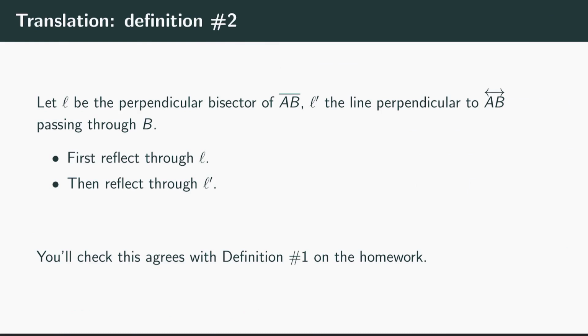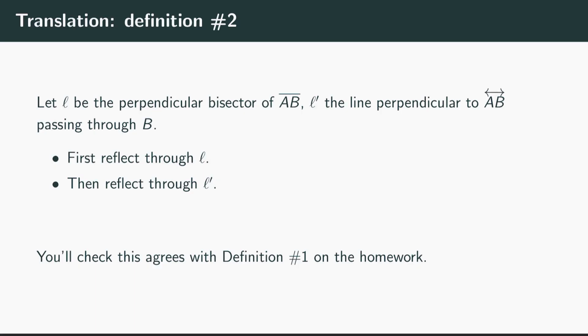So now that leads us to our second and perhaps slightly more convenient method, which is a method of reflections. For this, we're going to start by taking L to be the perpendicular bisector of my segment AB, and L prime will be the line perpendicular to AB passing through B. The steps are, we first reflect through L, and then we reflect through L prime.